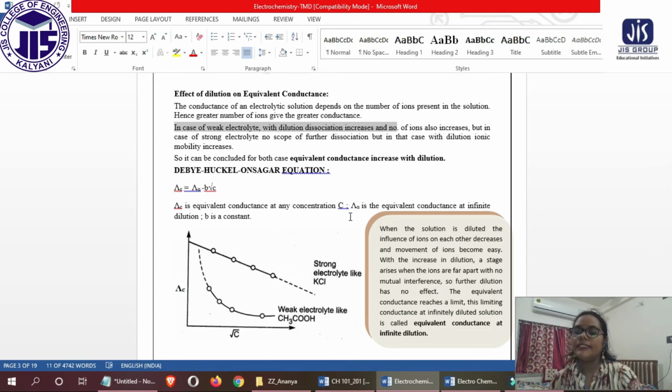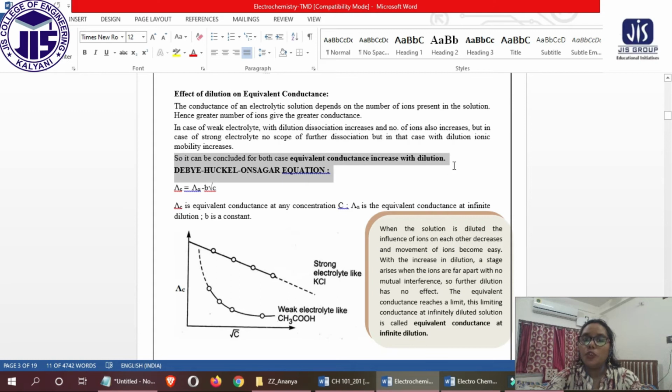If acetic acid is dissolved in water, it cannot dissociate completely into CH3COO minus and H plus; the dissociation is incomplete. But if we increase the dilution, the dissociation increases, the number of positive and negative ions increases, and thus the conductance also increases for the weak electrolyte. So it can be concluded that in both cases equivalent conductance increases with dilution.